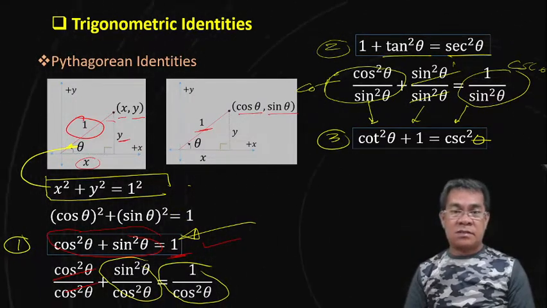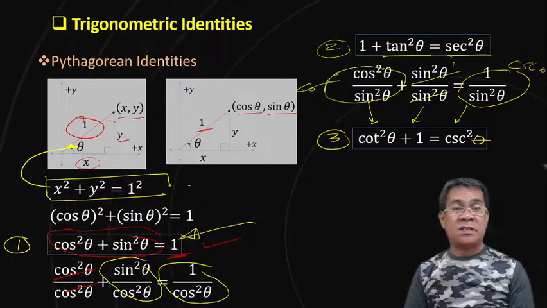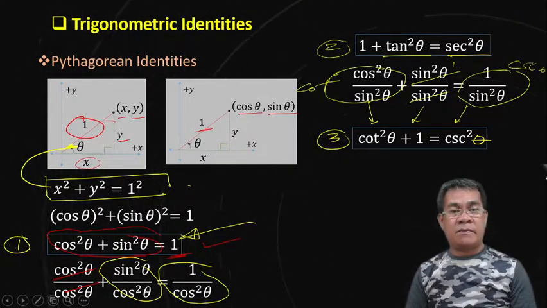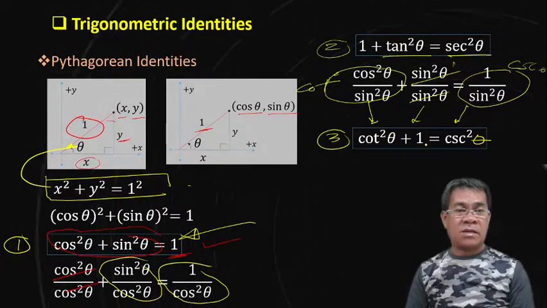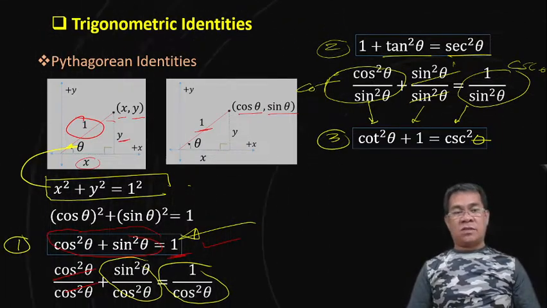Again, we obtain identity 1, the cosine square theta plus sine square theta is 1. And the 1 plus tangent square theta is just equal to the secant square theta. And the other Pythagorean identity is the cotangent square of the angle theta plus 1 is just the cosecant square of the angle theta.